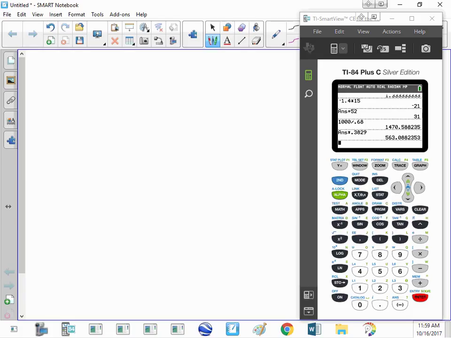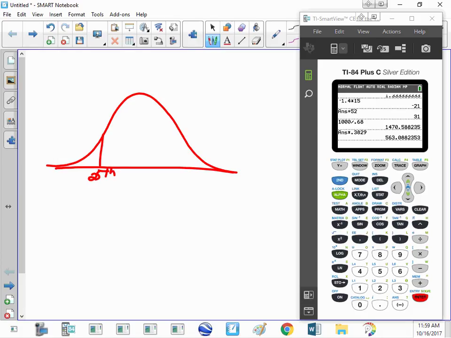Let me show you how you do that. So the 25th is 62.2, and the 75th is 65.8. So that's 50% of the data.